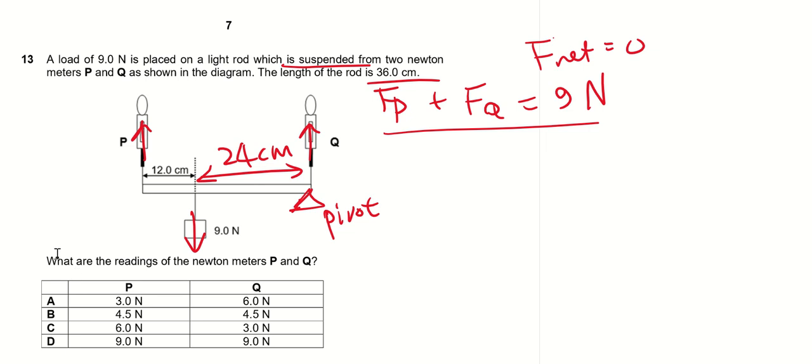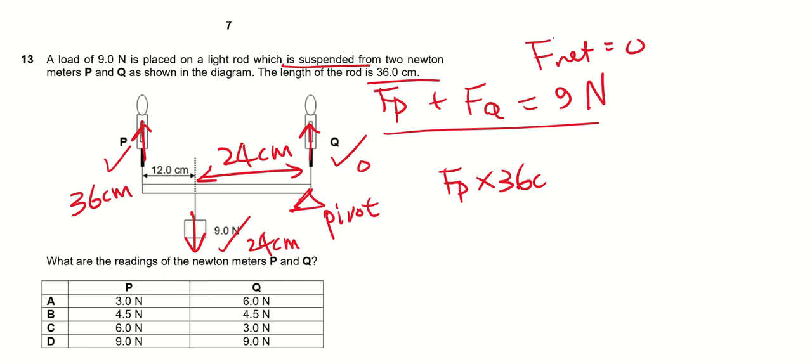Second step, how many forces are there? There are 3 forces. FP, FQ, and 9 Newton. Then the perpendicular distance of FP to the pivot is 36 cm. For FQ, it is 0. For 9 Newton, it is 24 cm. So now we calculate moment. FP multiplied by 36 cm, and it's going to be clockwise.